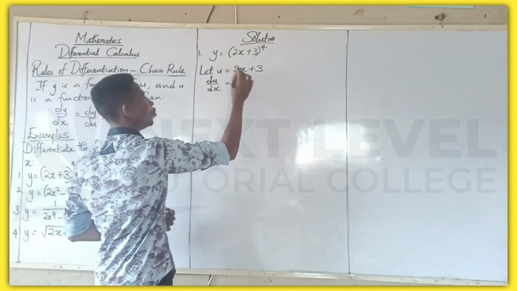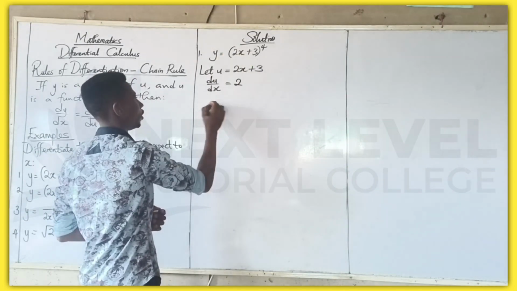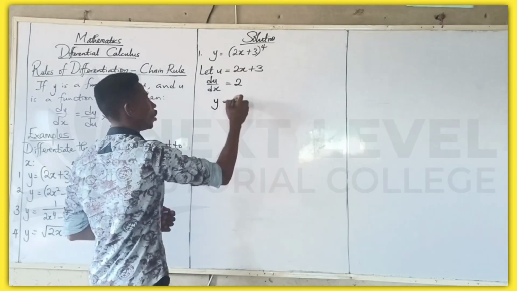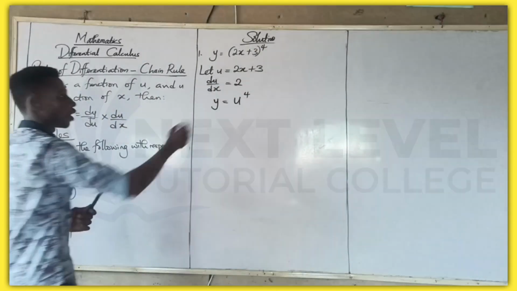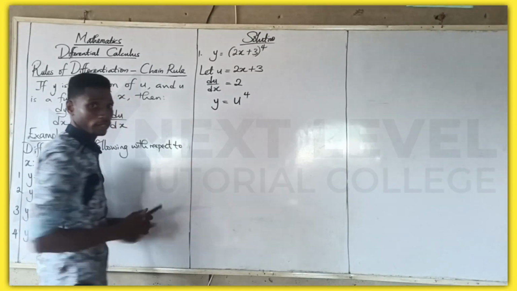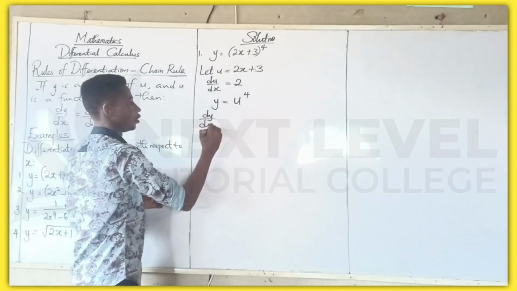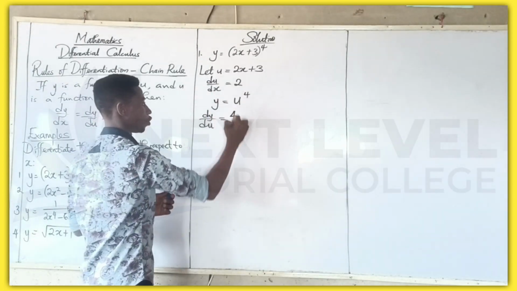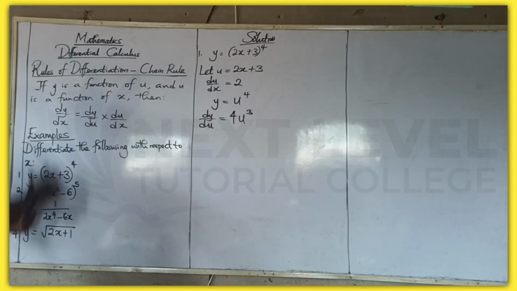Now, since u is 2x plus 3, we are going to substitute u back here and say y will be equal to u raised to power 4. And now that we've done this, we're also going to differentiate. So differentiating this will be dy/du. The coefficient 1 times 4 gives 4u raised to power 4 minus 1, which is 3. So that is the dy/du.